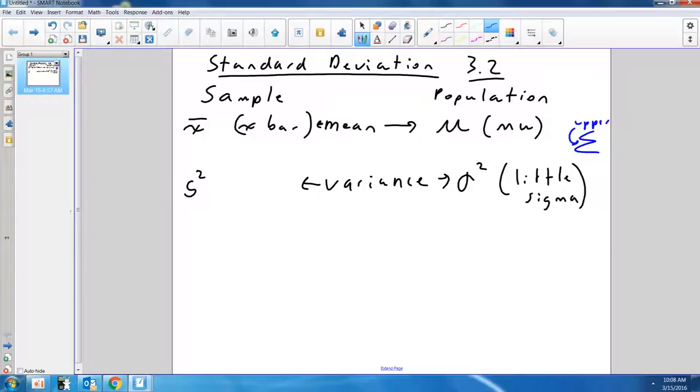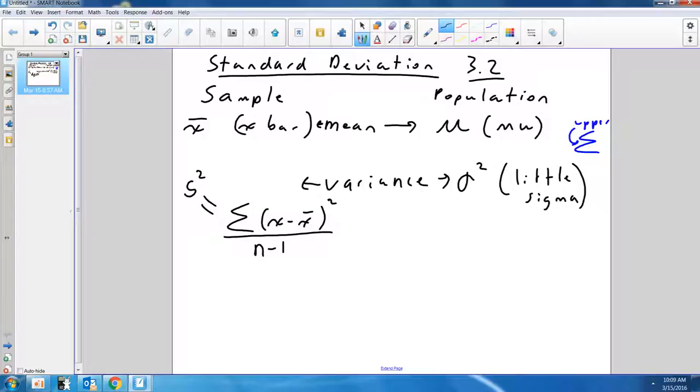The way that you need to calculate the variance is different for the sample or the population. For the sample, you take the sum, that's the big sigma, of x minus x bar quantity squared, and divide it by n minus 1. n is the total number of data points.